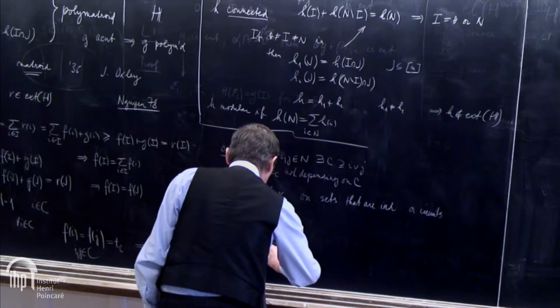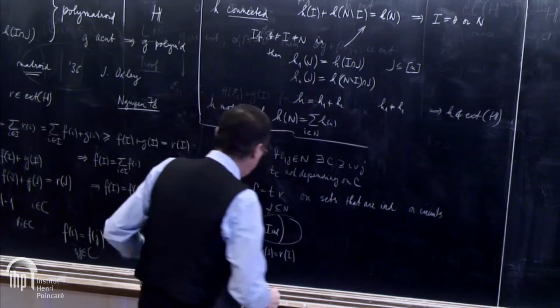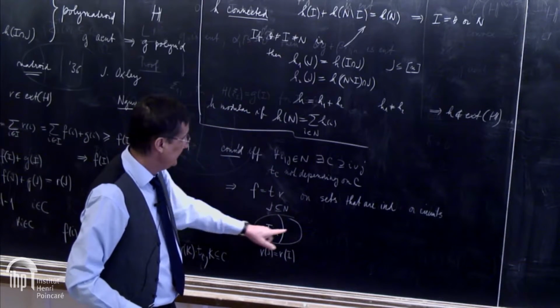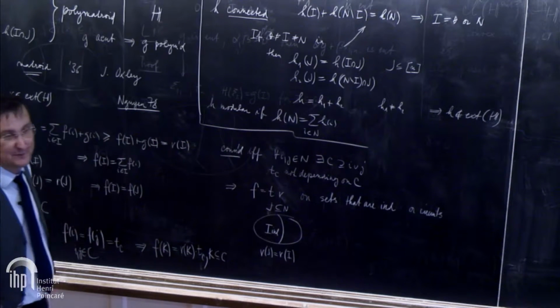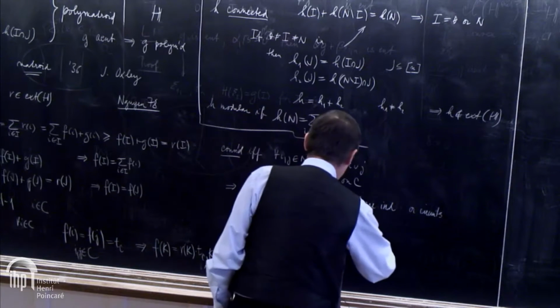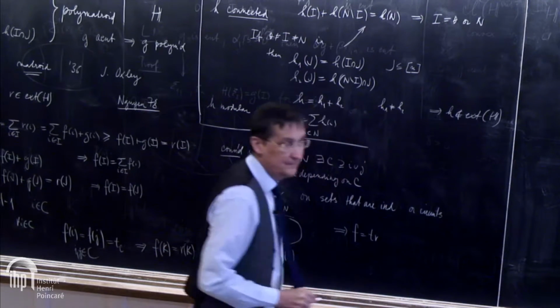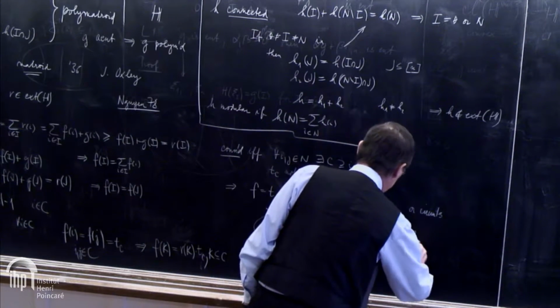So rank of J is the same as the rank of I. And if they coincide on I, and the rank doesn't increase, that's this case, so they must coincide also on a bigger set. So then I can conclude that F is equal to TR. And that's what I want.